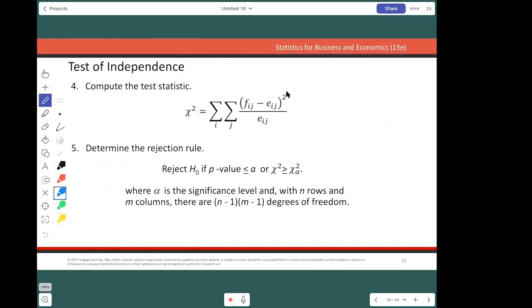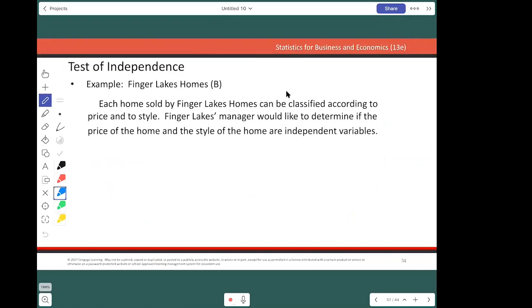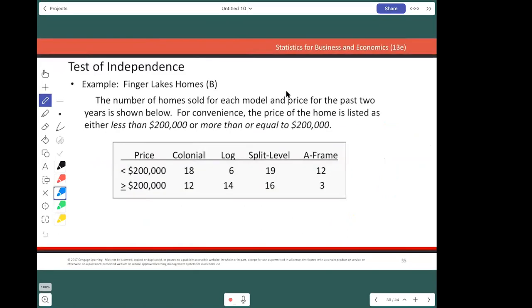All right. The test statistic, notice, is the same thing as the first case. What is observed, what we actually have in the data, and what is expected, exactly the same way: row total times column total over the grand total. So we're using the very same example with the homes again. Let's see what our data looks like.